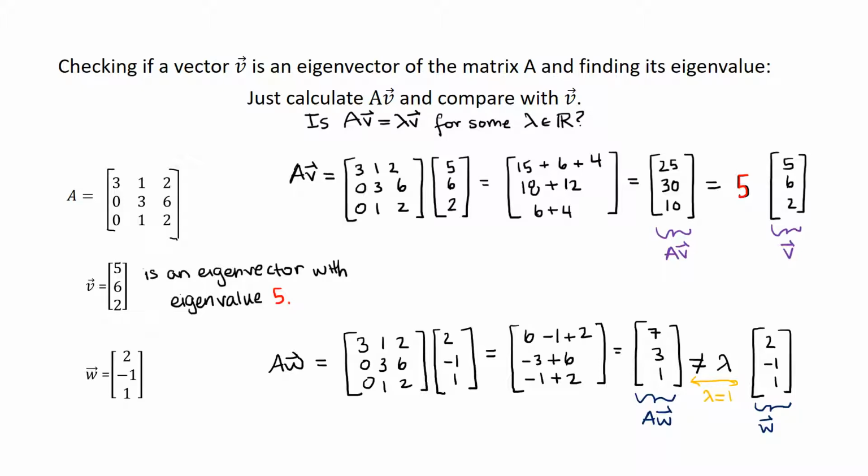But if we compare the middle coordinates, this says that lambda should be equal to 3. Since we can't have both true, we see that Aw is not equal to lambda w. And so the vector w is not an eigenvector of A.